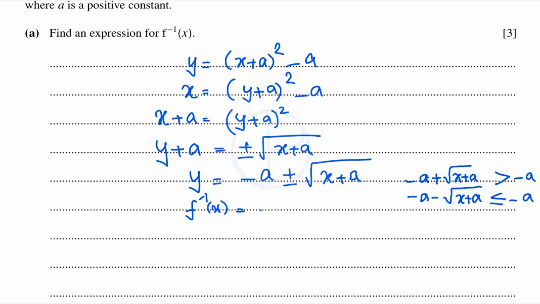Out of these two, this satisfies the condition. So f inverse of x is minus a minus square root of (x plus a), because it should be less than or equal to minus a.